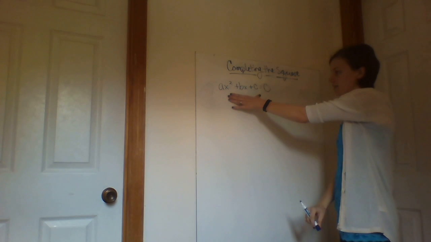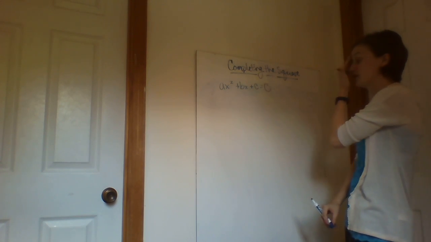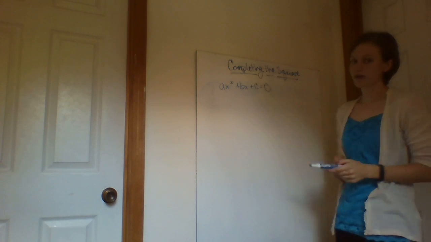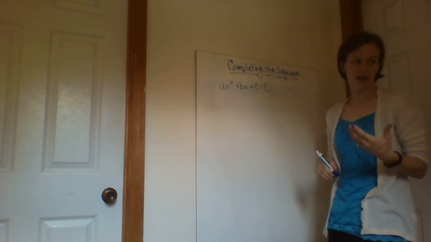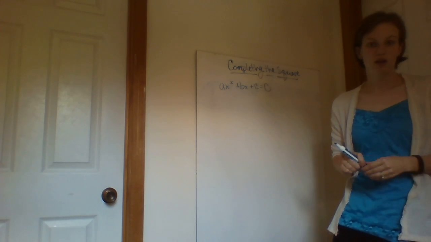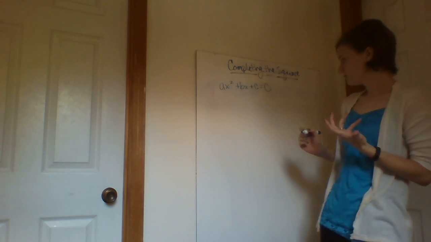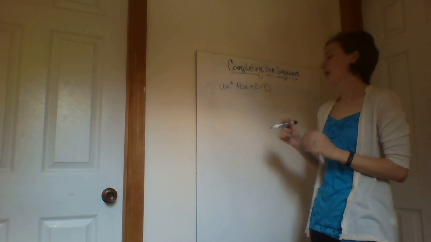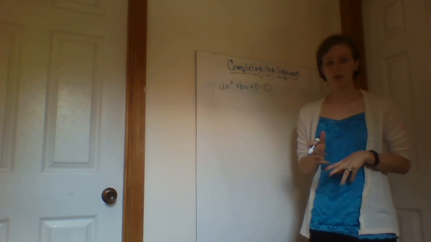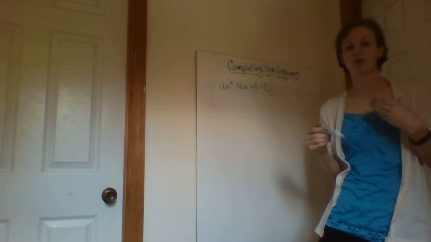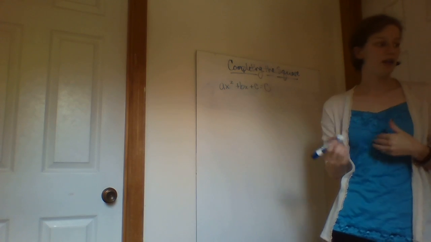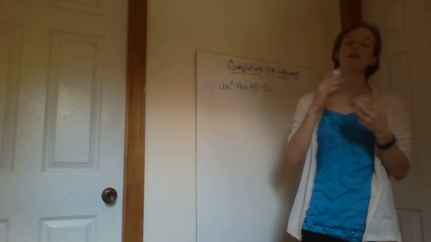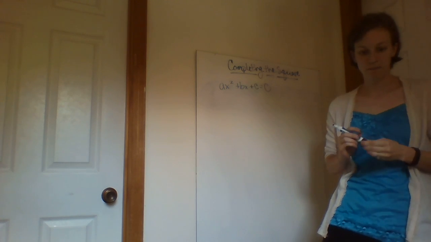So we have this. And say we want to find the value of x. Completing the square is another way to help us with that. Depending on what type of problem you have, it can be easier and more time effective than actually going through the quadratic formula of negative b plus or minus the square root of b squared minus 4ac, all of that over 2a.